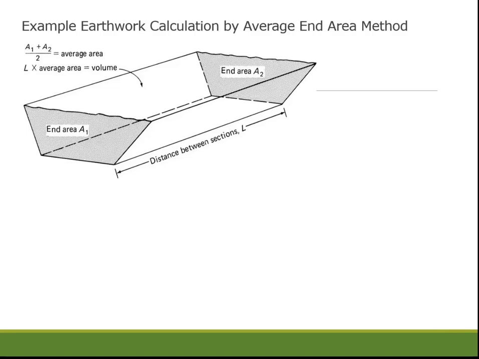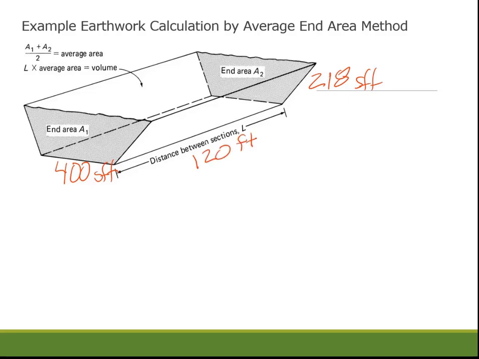We can do a brief example problem. Let's say that area number 1 is 400 square feet, and area number 2 is 218 square feet, and these are separated by 120 feet.